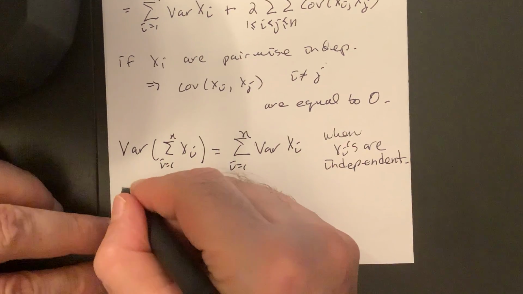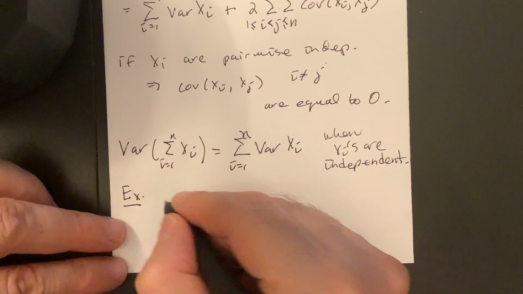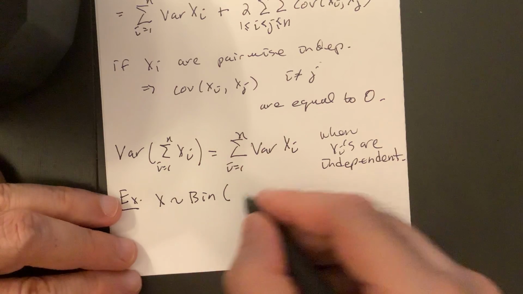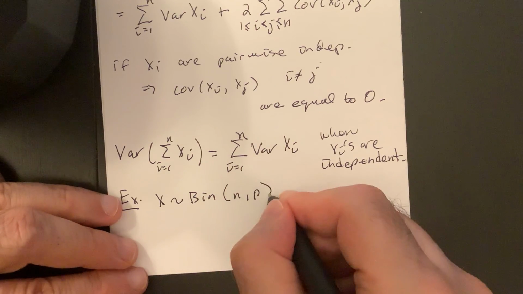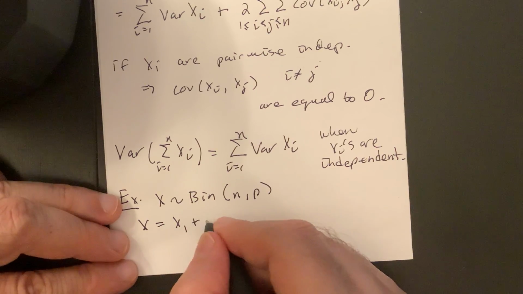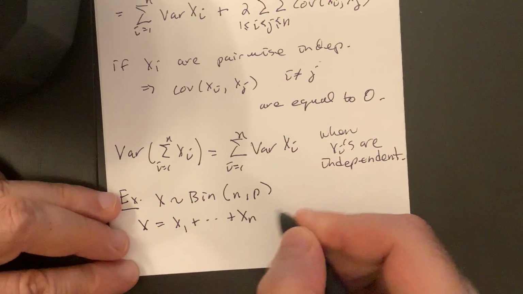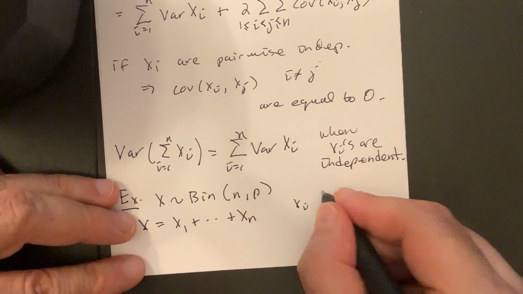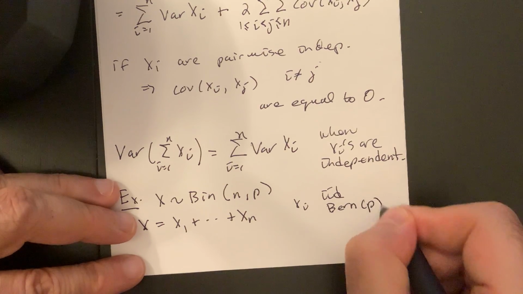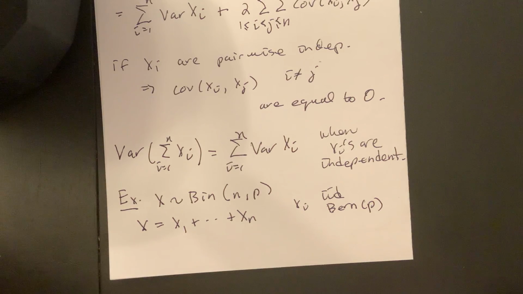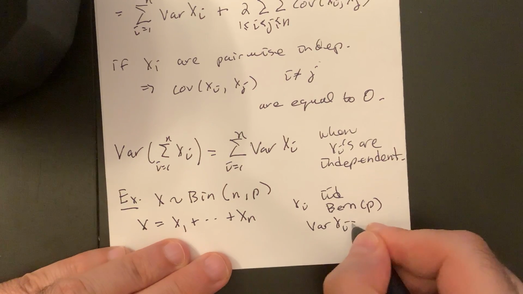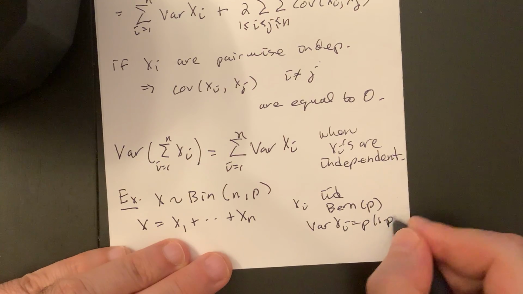Example. If x is binomial with parameters n and p, then we can write x equal to a sum where the xi's are IID, independent, identically distributed Bernoulli p. Well, I know the variance of xi, Bernoulli p, is p(1 minus p).